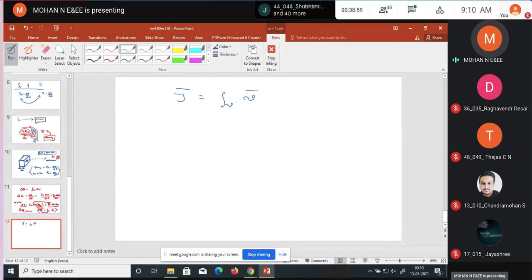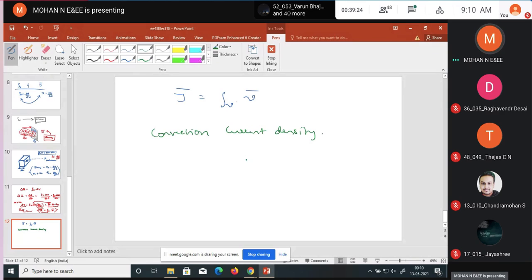So it is called convection current density, because it is analogous to heat transfer in the conductor. That is why it is called convection current density.